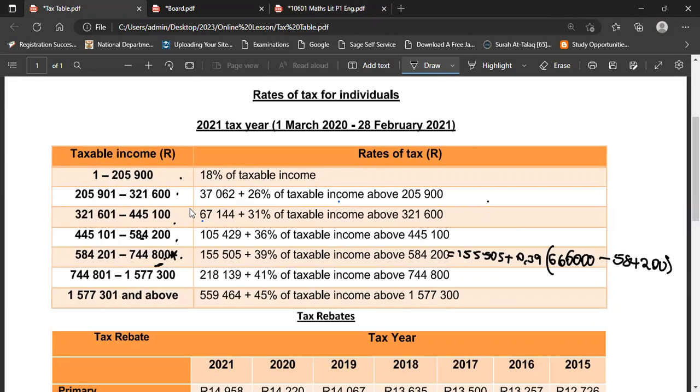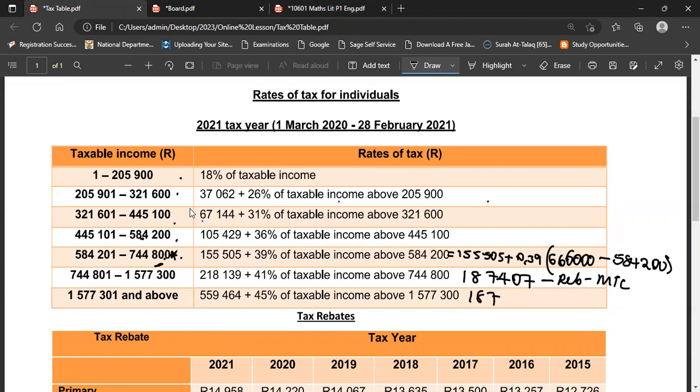Calculate everything, put it in a calculator. It becomes 187,407.